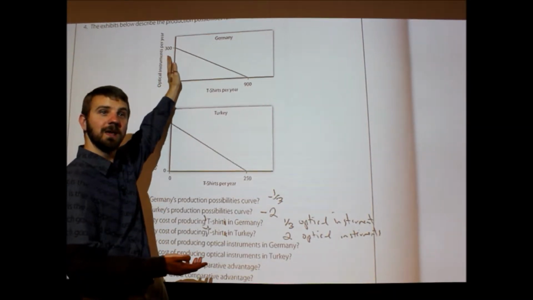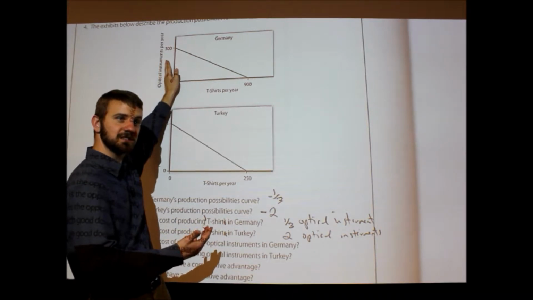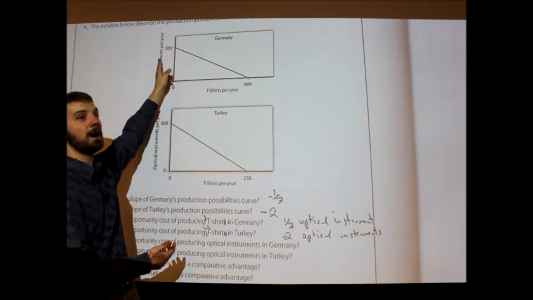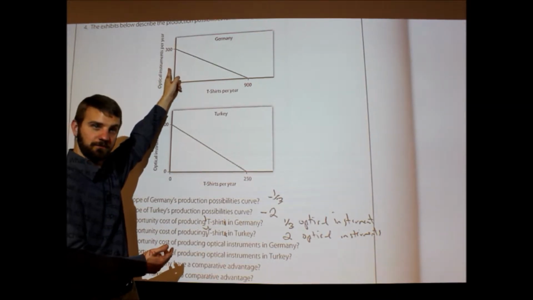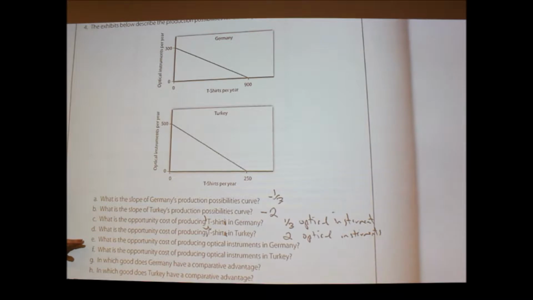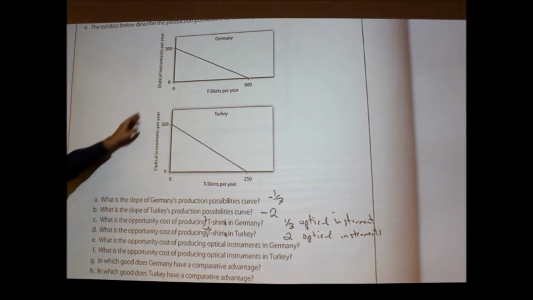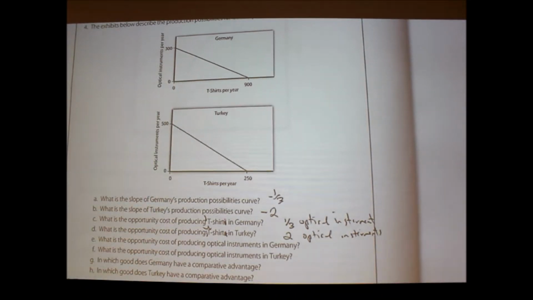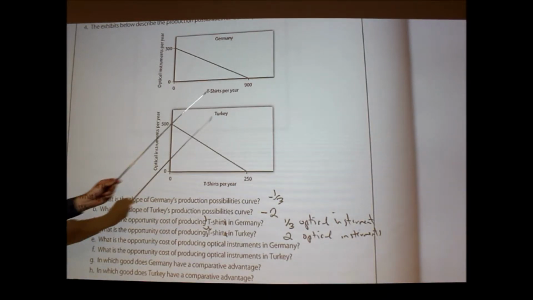The virtue of this technique that I just illustrated is you can go the other way as well and determine the opportunity costs of optical instruments. So far we've just done the opportunity cost of t-shirts. Part E, what is the opportunity cost of producing optical instruments in Germany? If you produce 300 optical instruments in Germany, you give up the opportunity to produce 900 t-shirts.